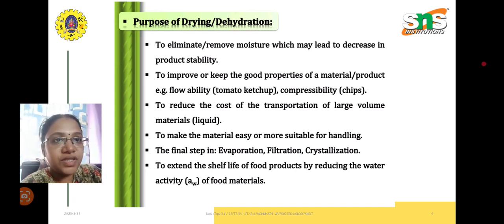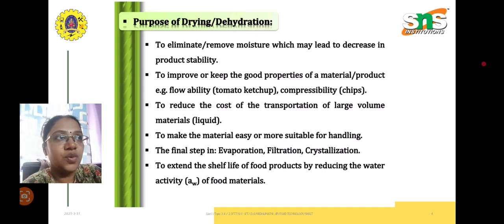Next, to keep the good properties of a product or material, such as flowability or compressibility, the characteristics of the material have to be maintained. So for that, we go in for either drying or dehydration, to reduce the cost of transport of large volume materials, such as liquids.